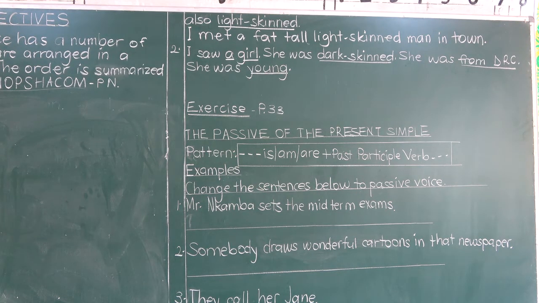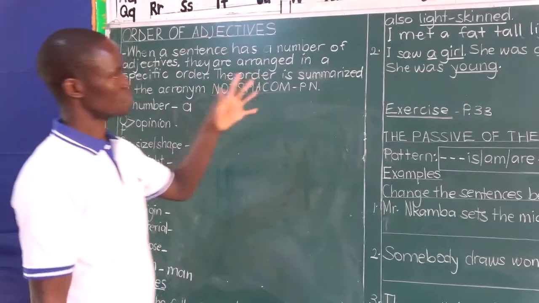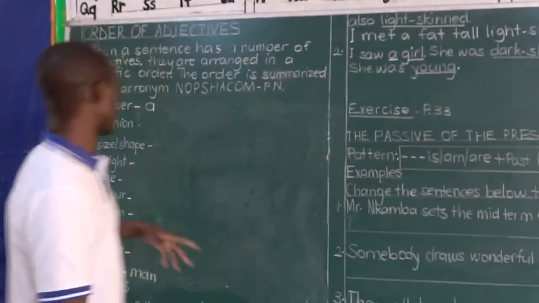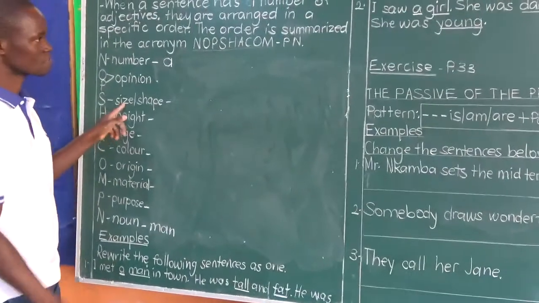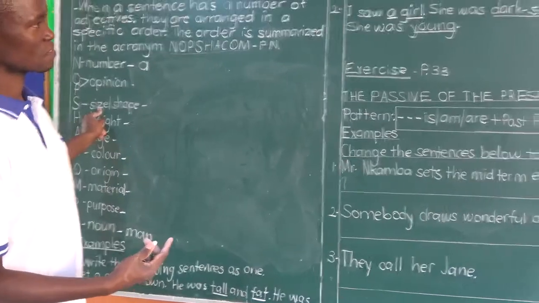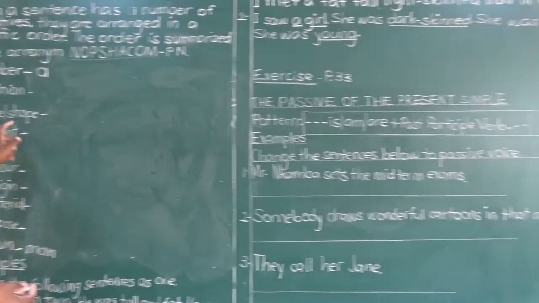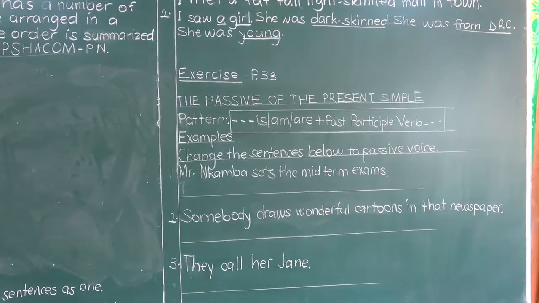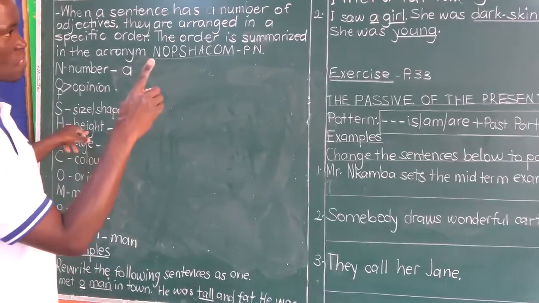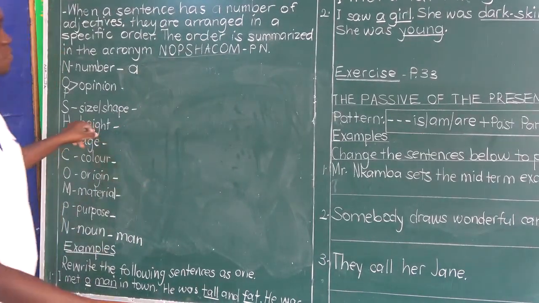Article A, like we said, is under number because a girl means one girl. That's article A. Opinion, do you have anything like opinion? Girls, there's nothing. Then size, size is not seen anywhere. Shape, nowhere to be seen. Height, I can't say an adjective of height in that order.